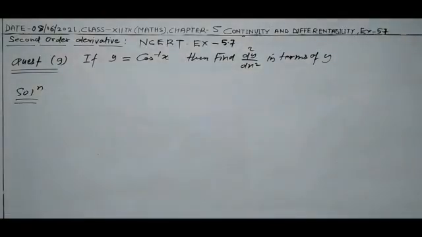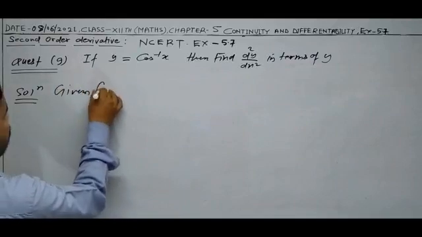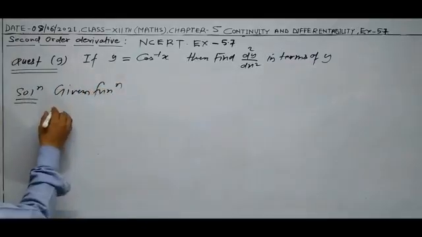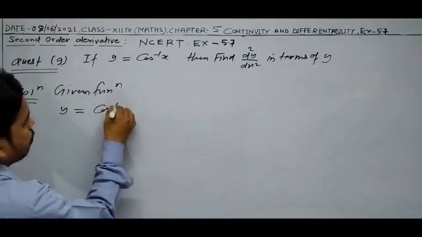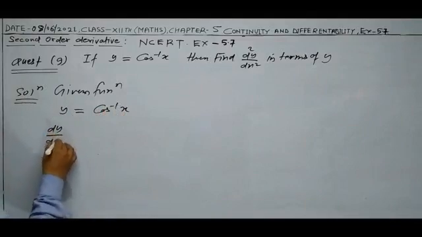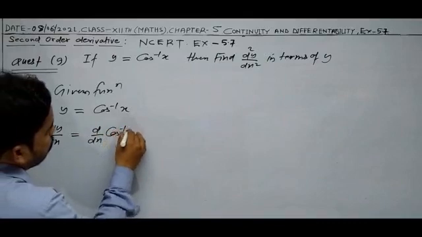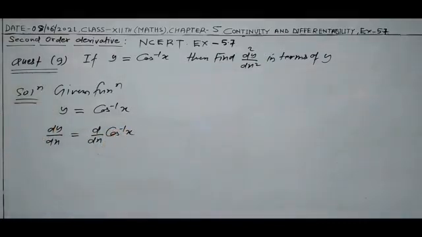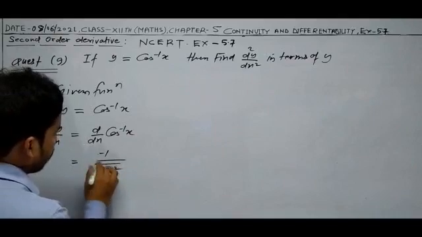So see here, given function y is equal to cos inverse x. So dy by dx result will be equal to d by dx of cos inverse x, and the differentiation of cos inverse is minus times 1 upon root over 1 minus x square.